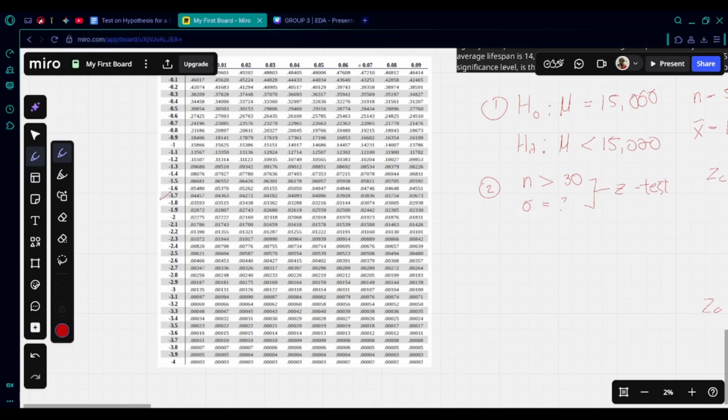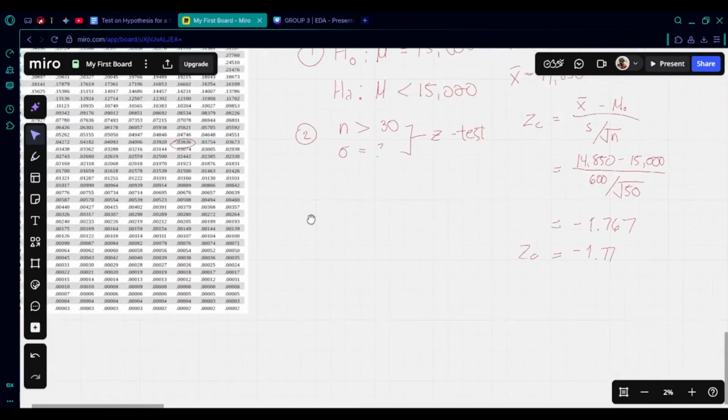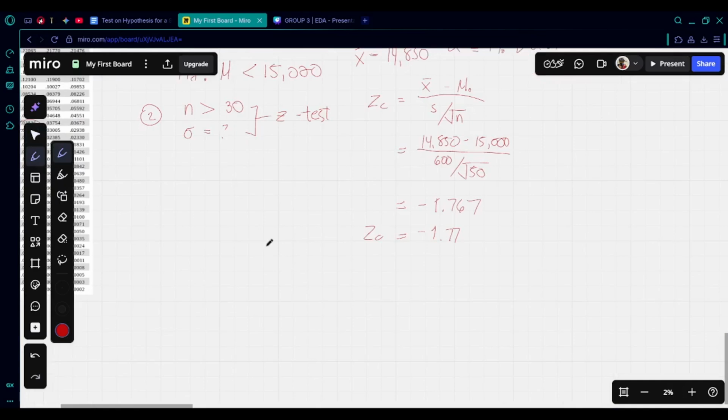Next is 0.07. So we come up with the value 0.3836. So our value Z equal to negative 1.77 has an area of 0.3836.